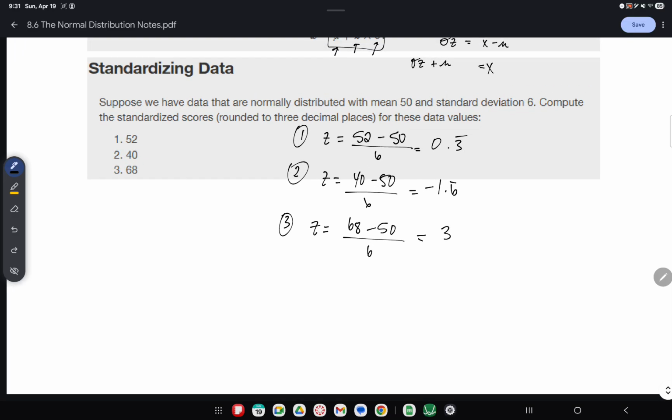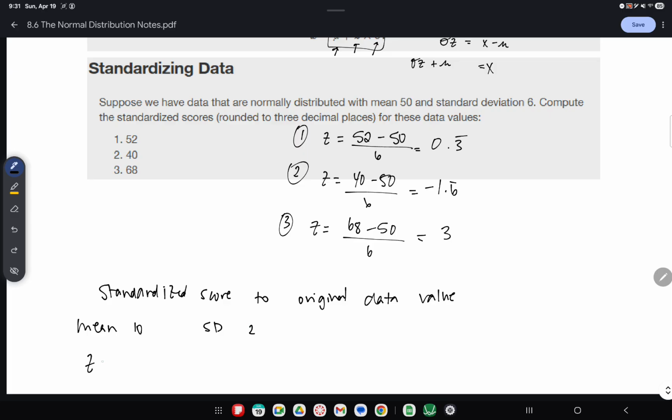I don't have any examples where we're finding the data value, so let's go ahead and do that. I'll write a little heading here: standardized score to original data value. So let's say we have a mean of 10 and a standard deviation of 2.